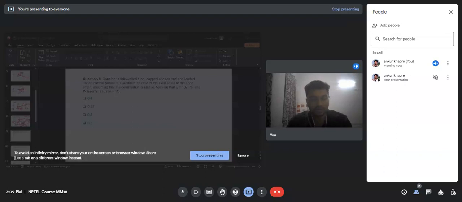Okay. So here, since we are taking a thin wall tube, it will be like a thin wall tube we are taking.